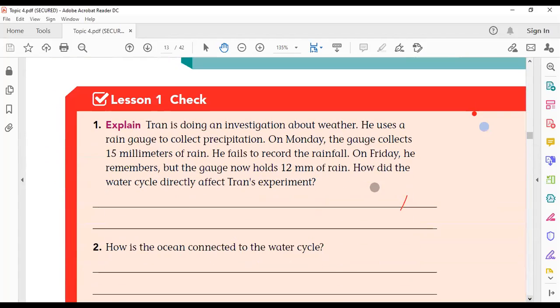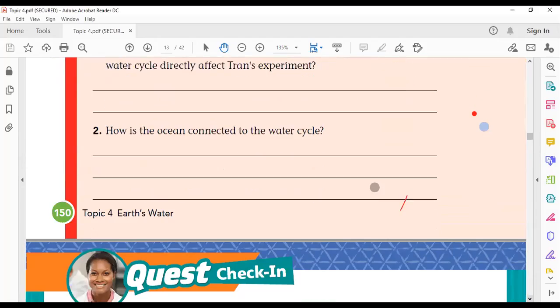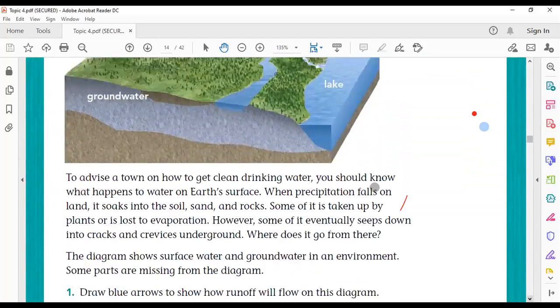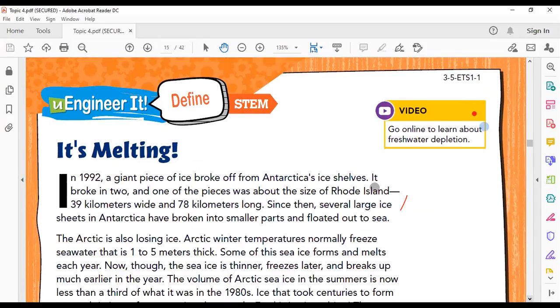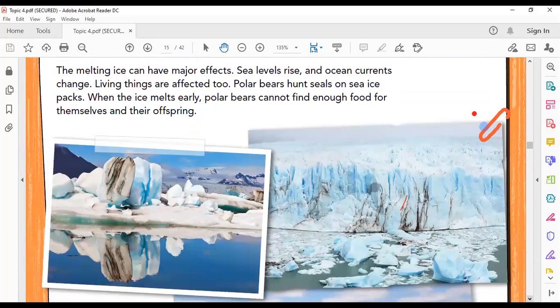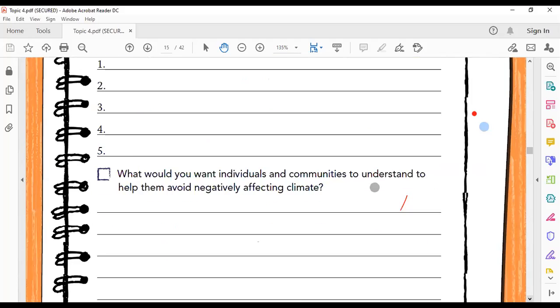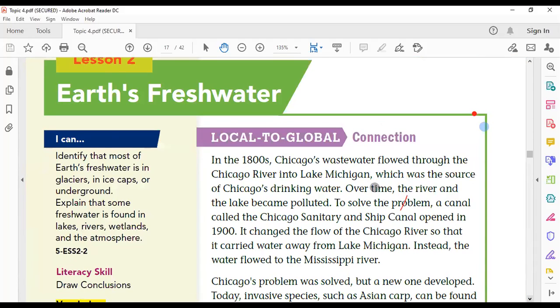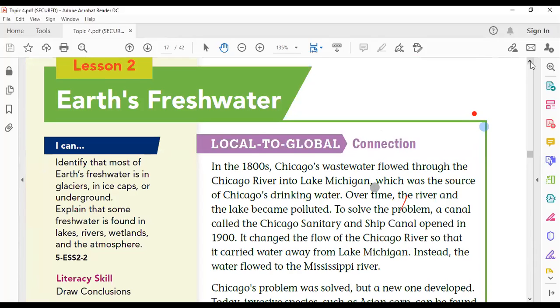Okay. By the way, the water cycle is always the same. Millions of years ago and now, the water cycle is the same. Evaporation, condensation, and precipitation. Okay. Earth's fresh water, lesson 2 is talking about Earth's fresh water.